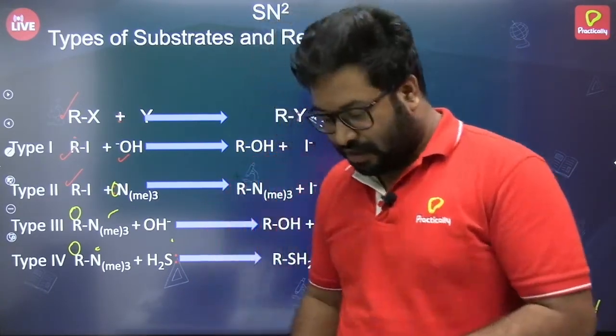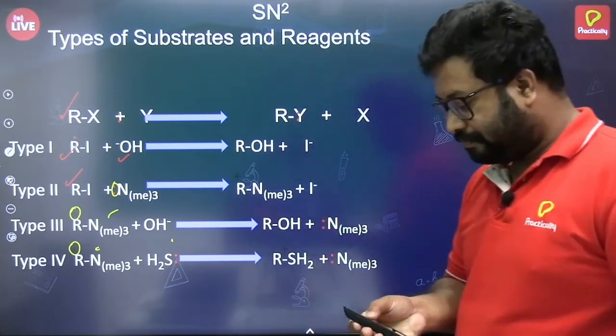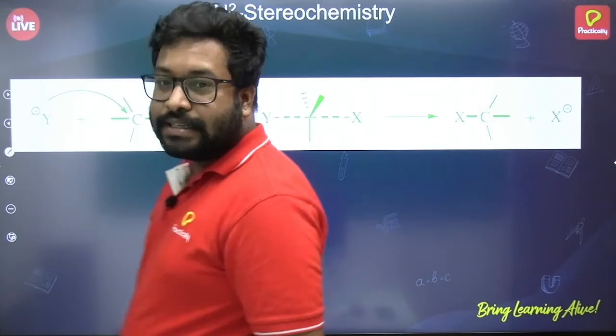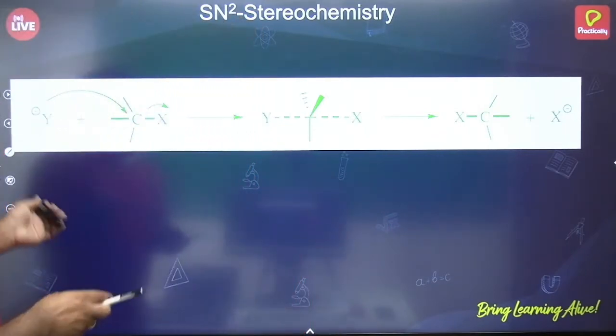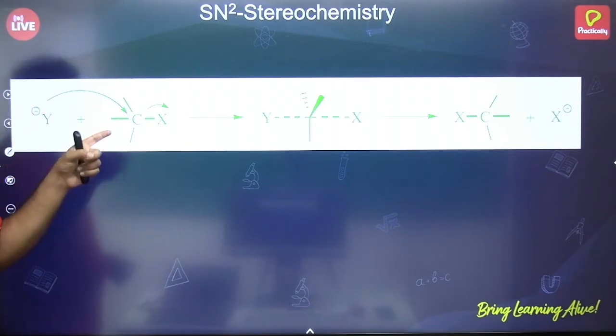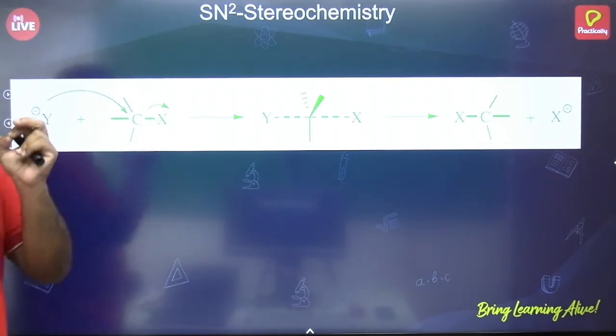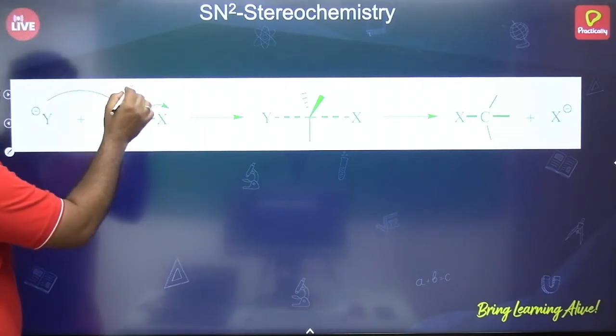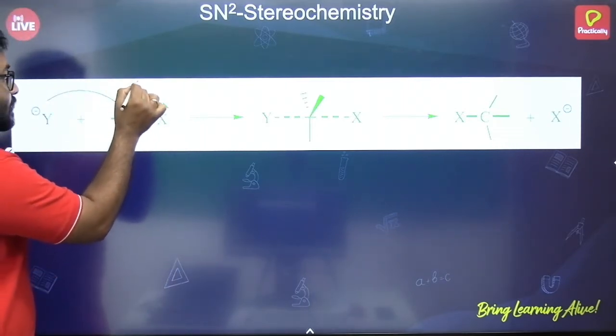Okay. So moving ahead with this. Now you can see here, this is your nucleophile, right? Now this nucleophile is attacking your carbon. Now what is the hybridization of your carbon here? The hybridization of your carbon here is sp3.